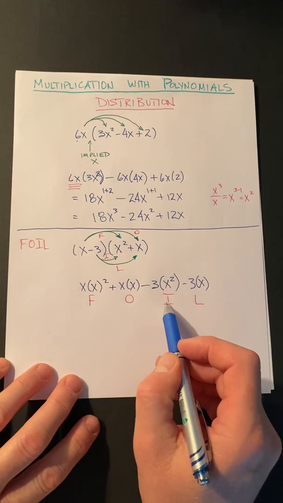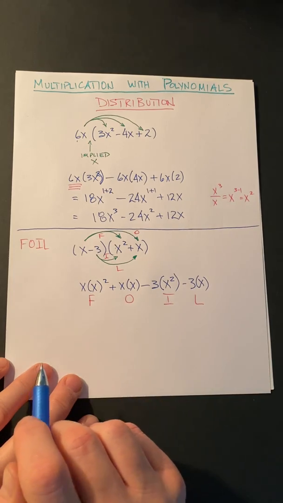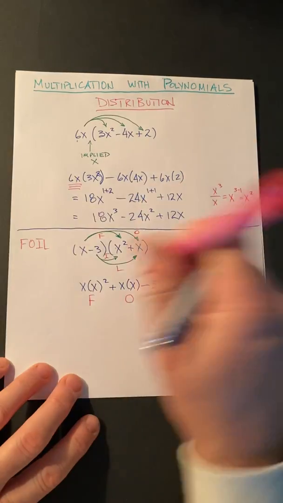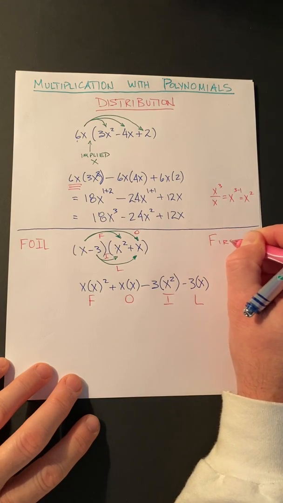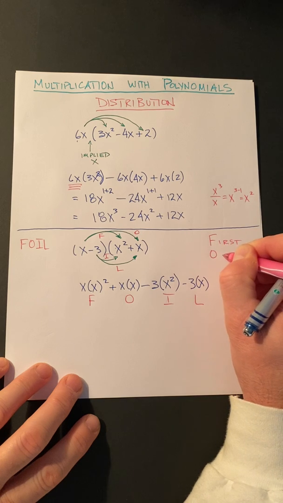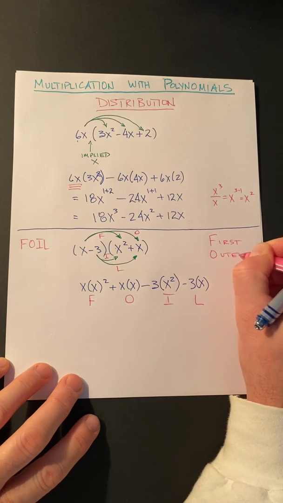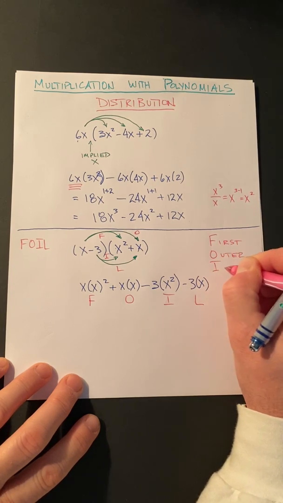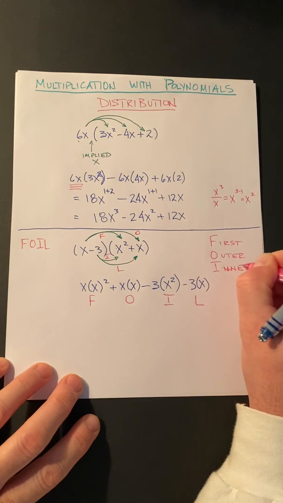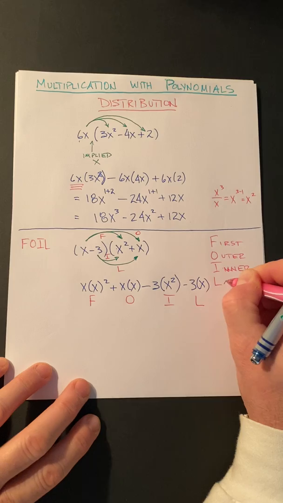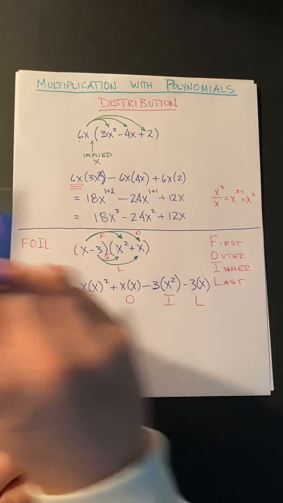First, outer, inner, last, okay? So we can write that as F first, O outer, inner, and L last. There's your FOIL.